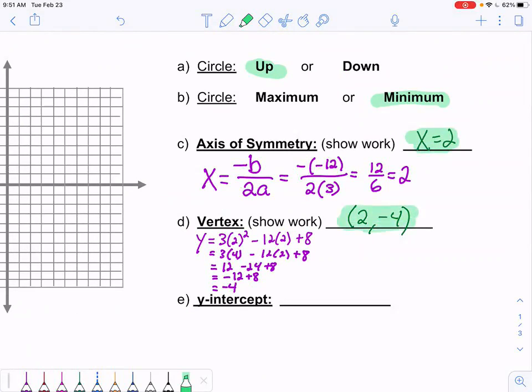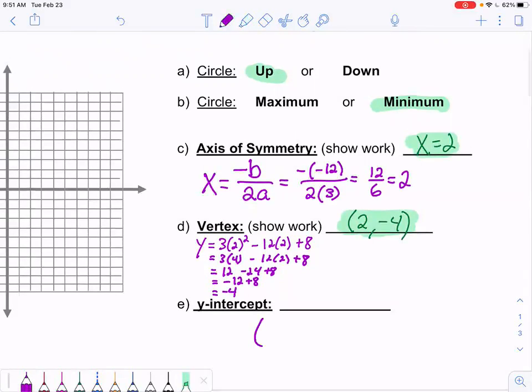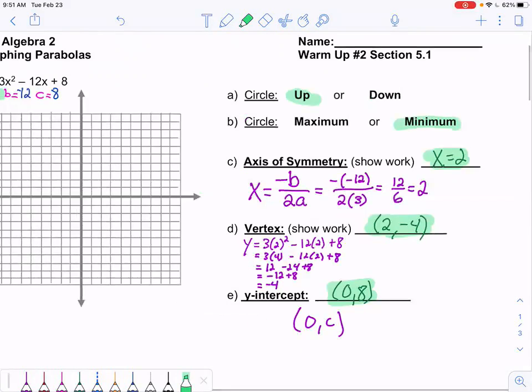Our second value is 2, -4. And then, Michael, this is the one you use the 0 on. And what would we write down? Remember 0, c. So what would be our answer here? 0 and 8. Good. 0, 8. So here's our 3 key pieces of information.